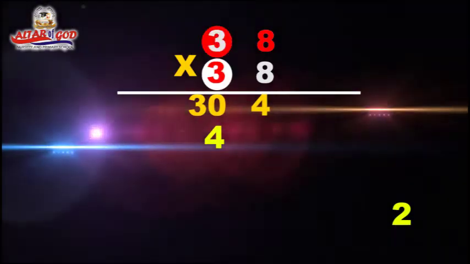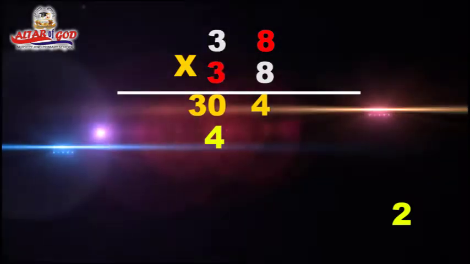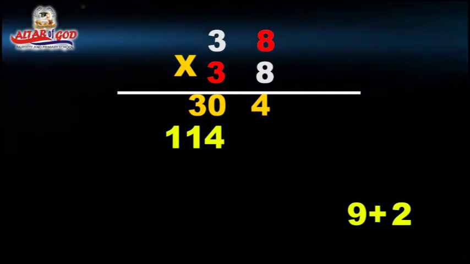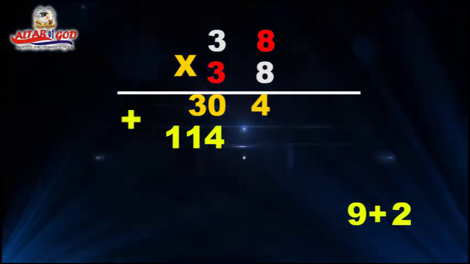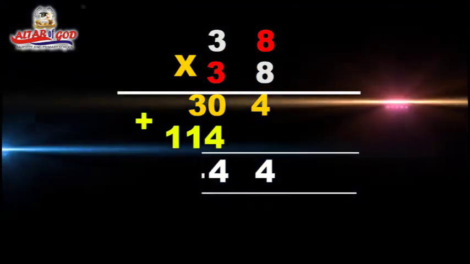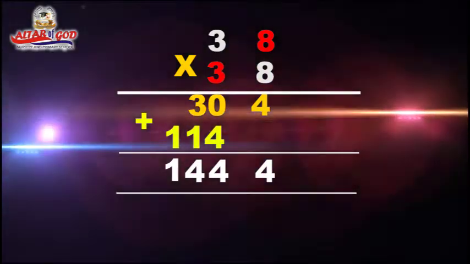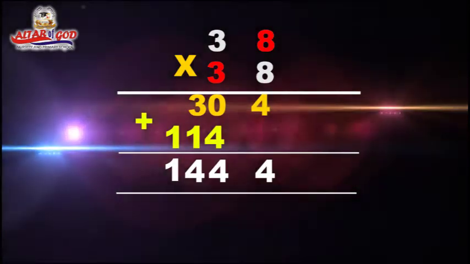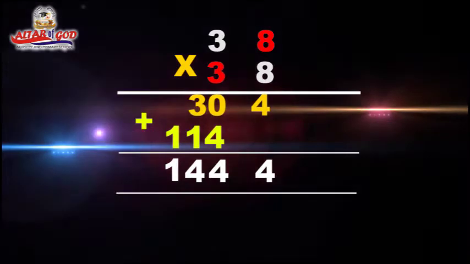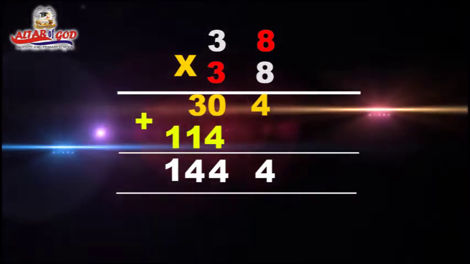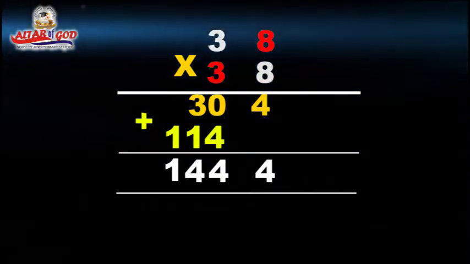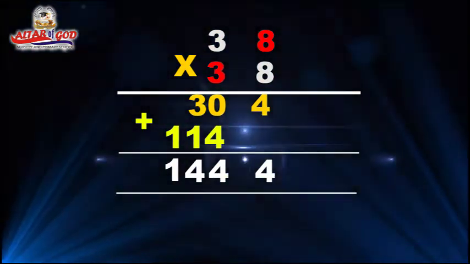Then 3 times 3, 9. Then plus the 2 you carry, that is 11. You put your 1 and 1, you put the addition sign. If you add the 2 together, we have 1, 4, 4, 4.